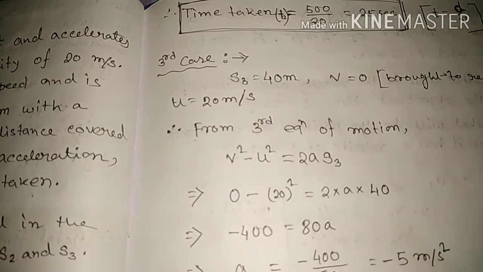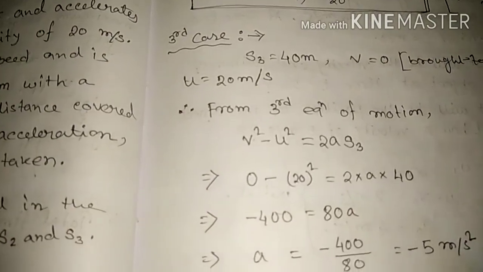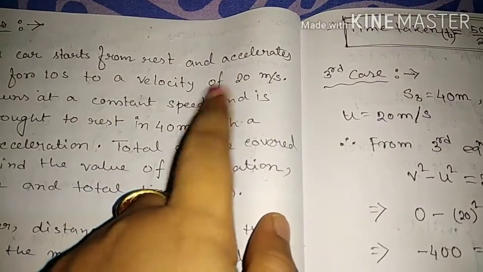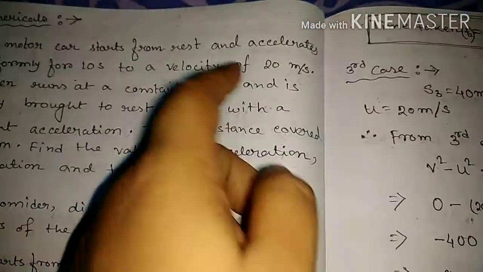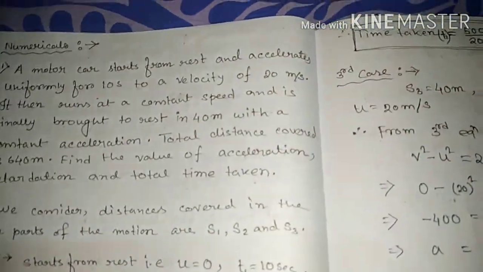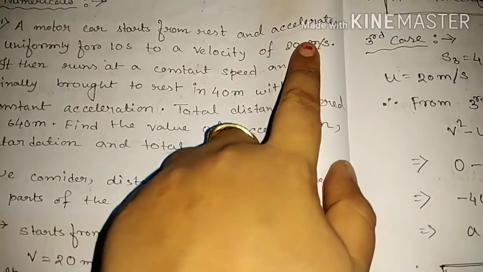Here only the velocity is 20 meter per second. After that it will travel at constant speed, and no mention is there that the speed is changed. So we can say that in the third case also it will move with the same speed, 20 meter per second. That means in the third case it is the initial velocity.